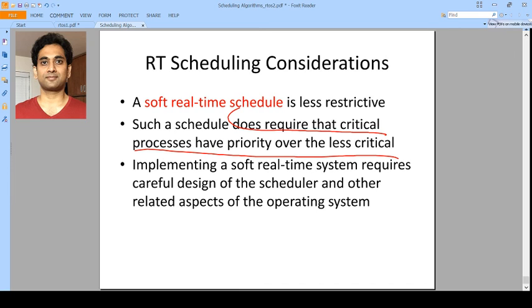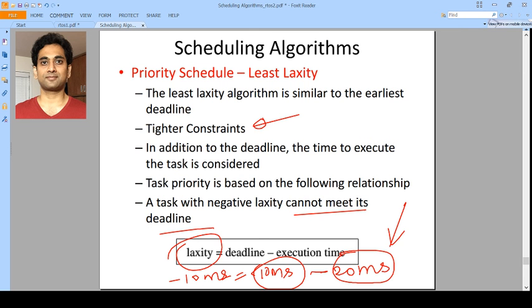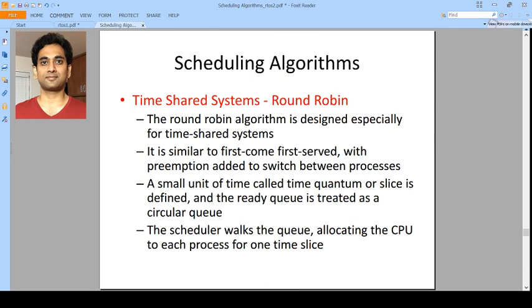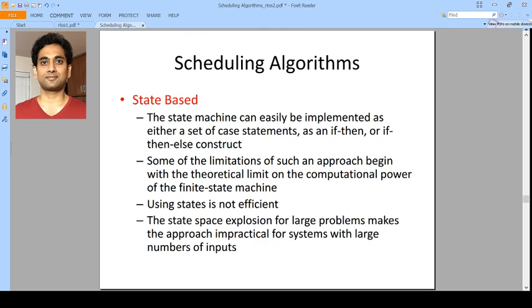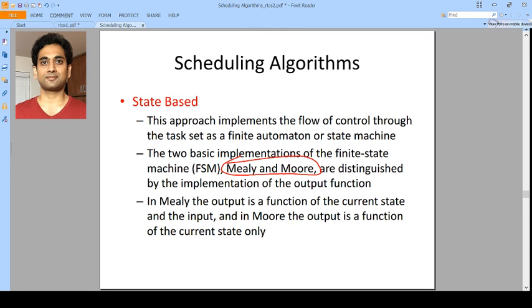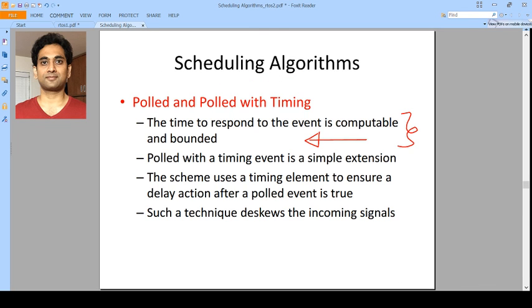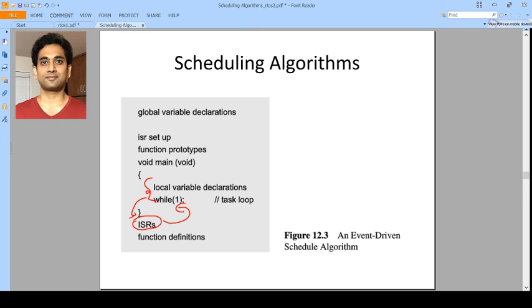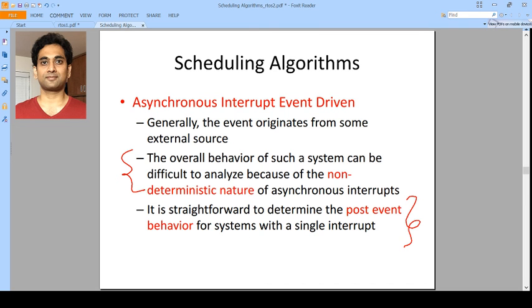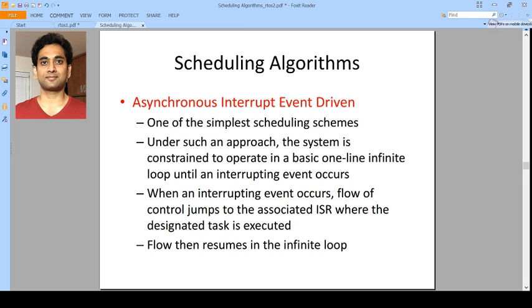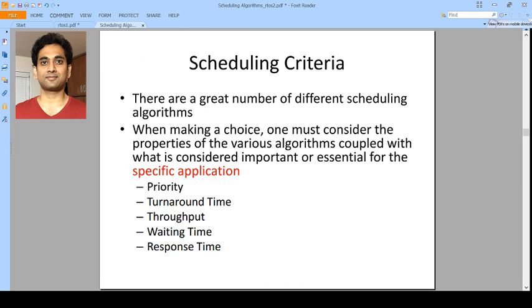So, this finishes our consideration of real-time operating systems. We looked at different scheduling algorithms using priority schemes and using time-shared systems. We talked about the different scheduling algorithms based on state-based polled and polling with timing and interrupt based scheduling algorithms. We talked about different scheduling criteria, priorities, turnaround time, throughput, wait time, and response time.